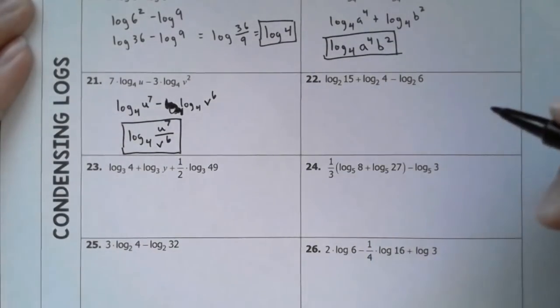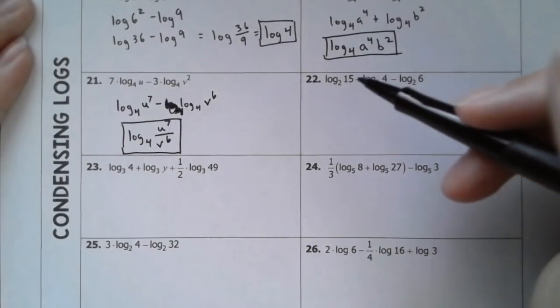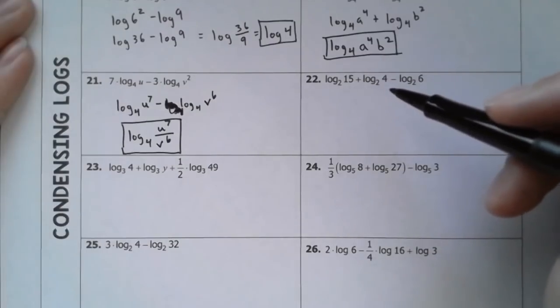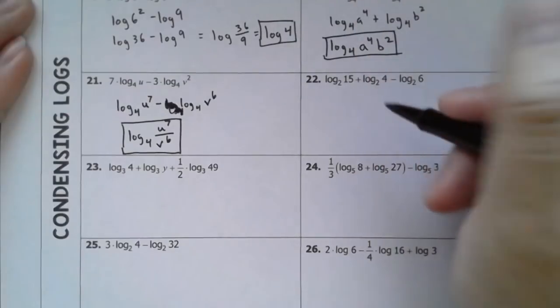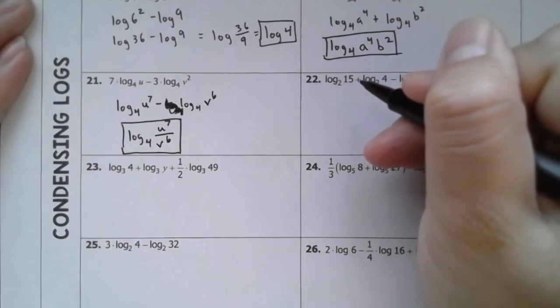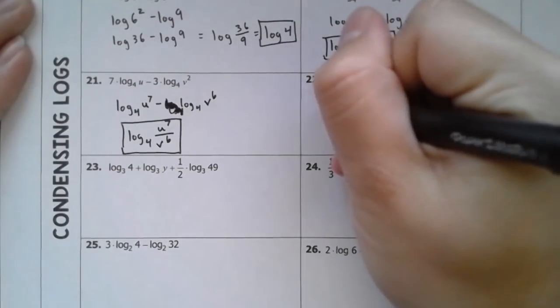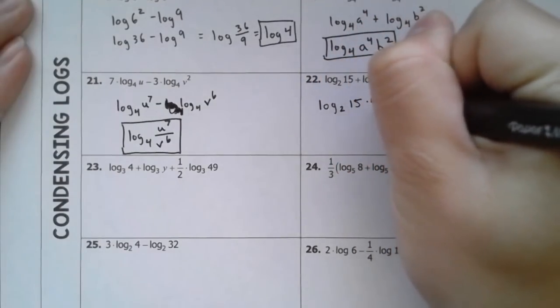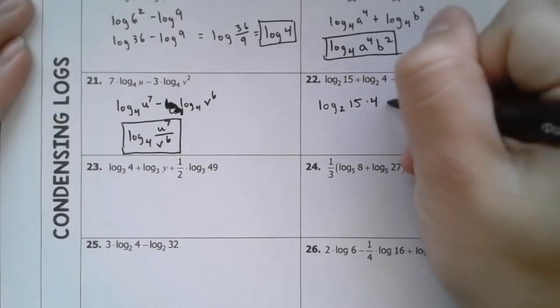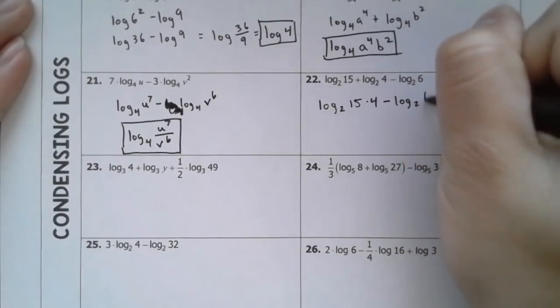Number 22, I have 3 logs, okay, and it works the same way, go left to right. So I can rewrite the first 2, it's addition, so I go to multiplication, so I have log base 2 of 15 times 4 minus log base 2 of 6.